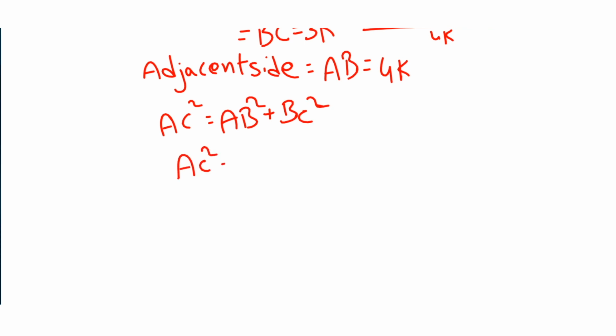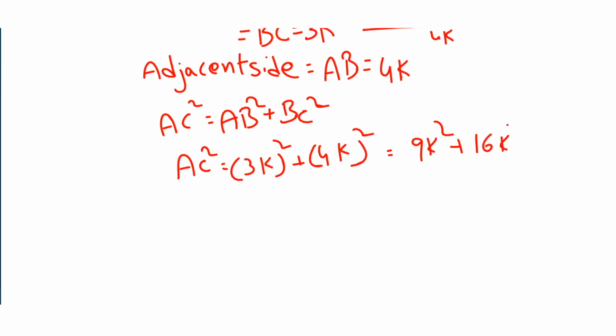that equals 3K whole square plus 4K whole square, that equals 9K square plus 16K square, that equals 25K square.